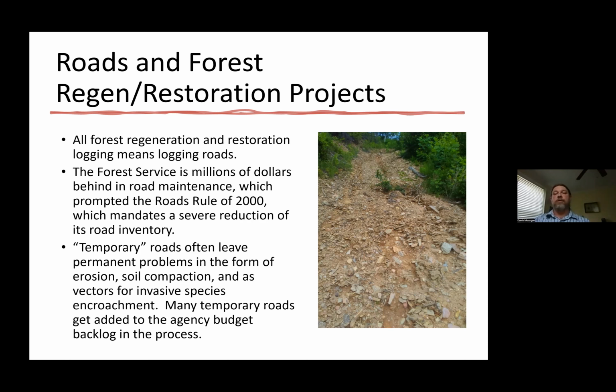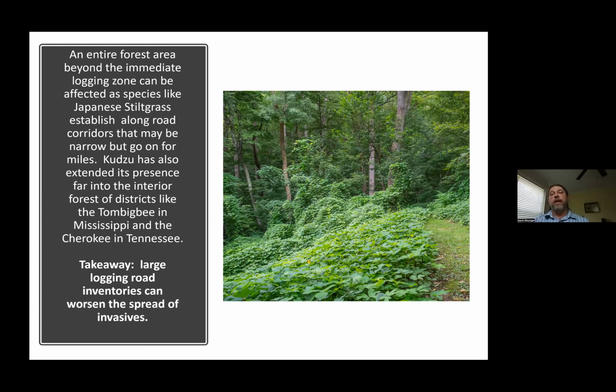They can block streams if they're not properly culverted, and they also become vectors of invasive species. And the spread of invasives in eastern forests is still, I think, a really underappreciated issue.